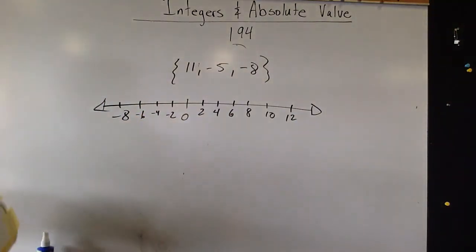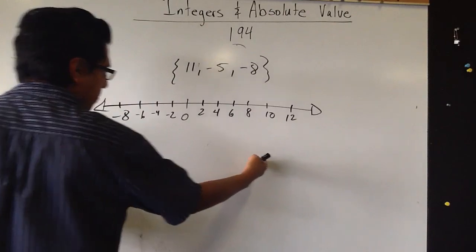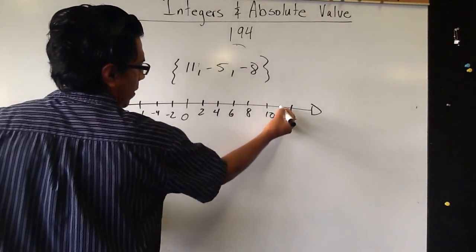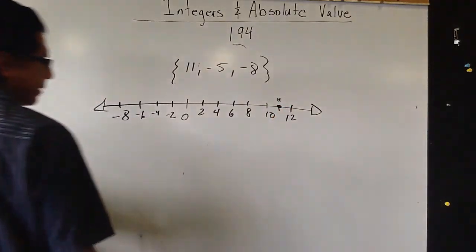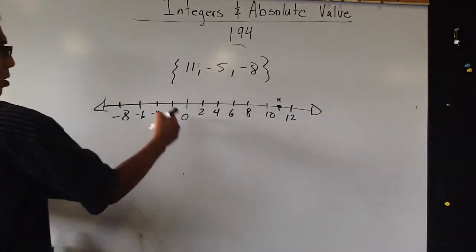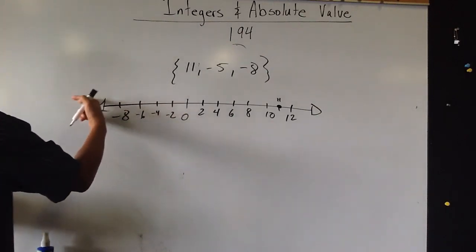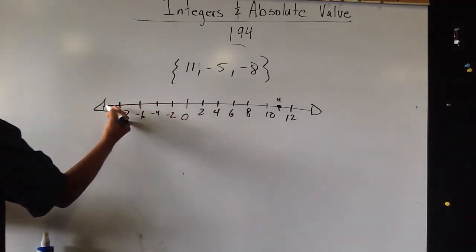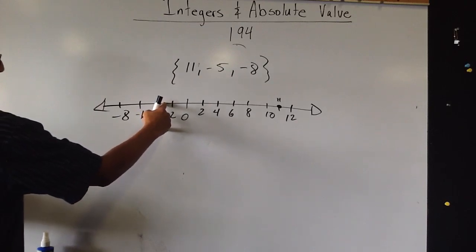All right, well, where's 11 on here? Positive 10, 11, 12. There's one for the point. Where's negative 5? Now be careful. As we're counting away from 0, it counts in the opposite direction. So a lot of kids make a mistake and they put it here. It's not there.